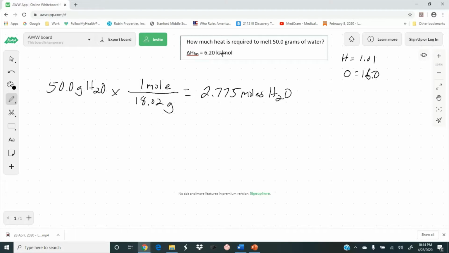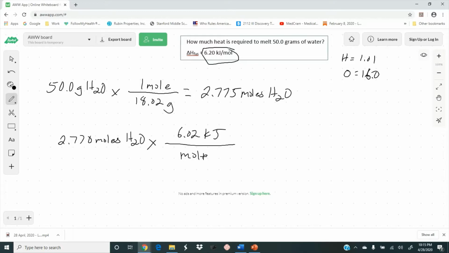Since this is 6.02 kilojoules per mole, I can take the number of moles, 2.77 moles of H2O, and multiply it by 6.02 kilojoules per mole, and now your moles cancel here. And you take the 2.77 multiplied by 6.02.